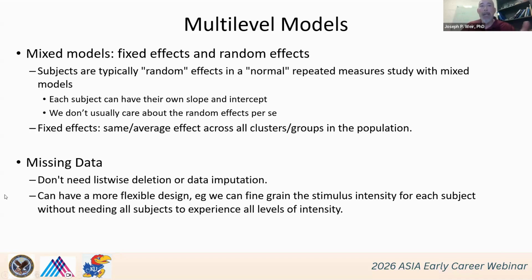We don't have to have the same number of motor evoked potentials. In a strict study it might be, well, we're going to do 5 MEPs. Well, maybe we'll do 6 MEPs in one condition and 8 in another. And these types of statistical models can handle that without a whole lot of difficulty.